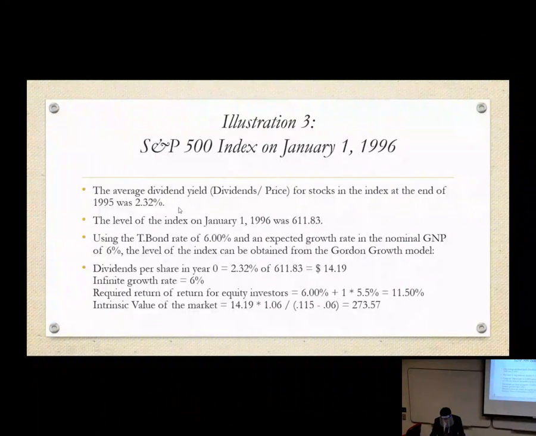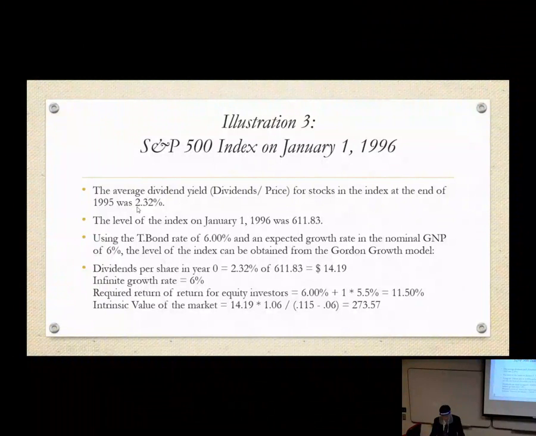And we look at the average dividend yield, 2.32%, and the index level 611, back to the 1990s, 1996. T-bond rate 6%, expected growth rate in nominal GDP 6%. And the index level can be obtained from the Gordon growth model. That is, let me see, dividend per share, right?